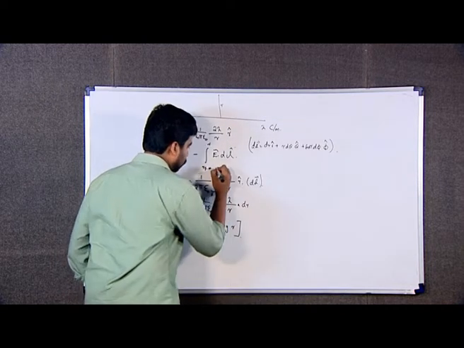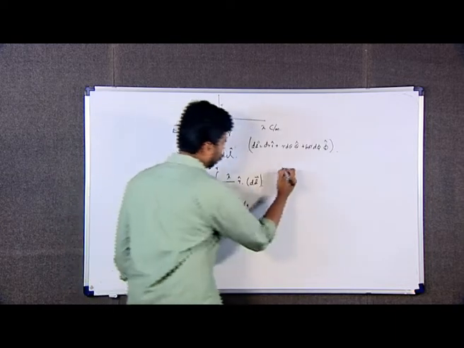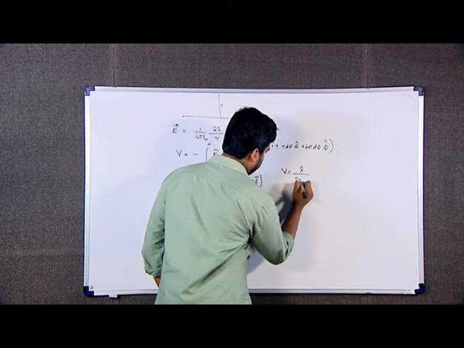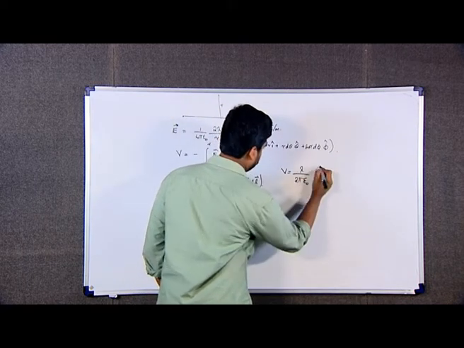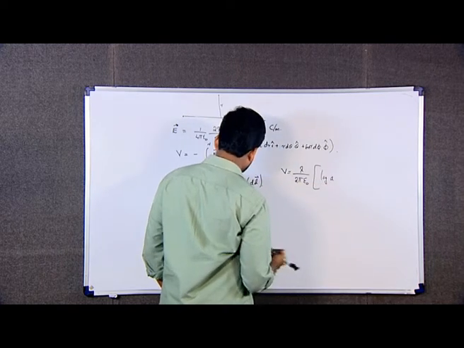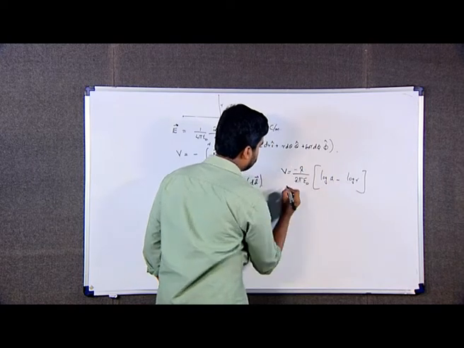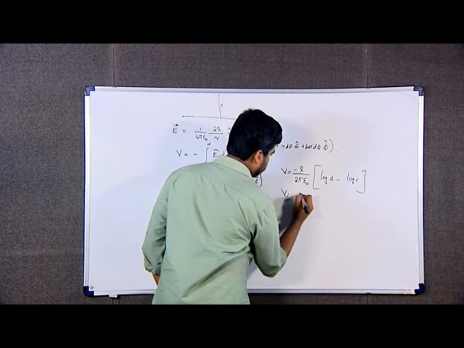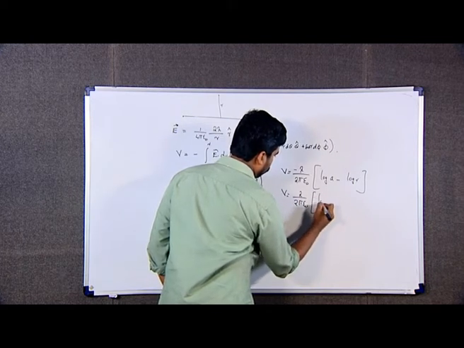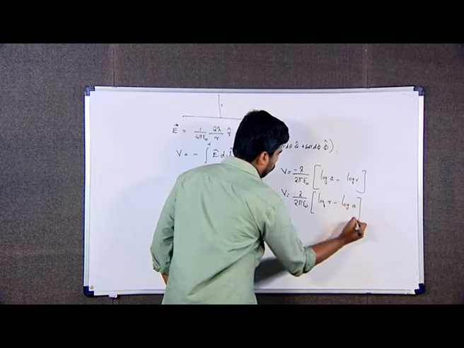So, the integral will go from the point A to the point R, which gives V equal to lambda by 2 pi epsilon 0 into log A minus log R, with a minus sign. So, you can write it as lambda by 2 pi epsilon 0 into log r minus log a.